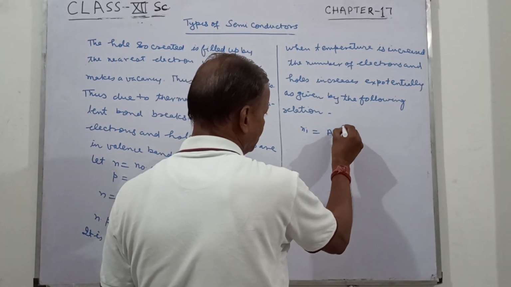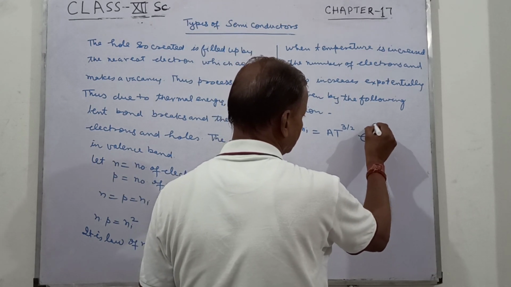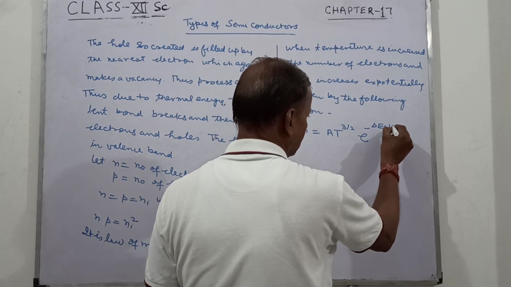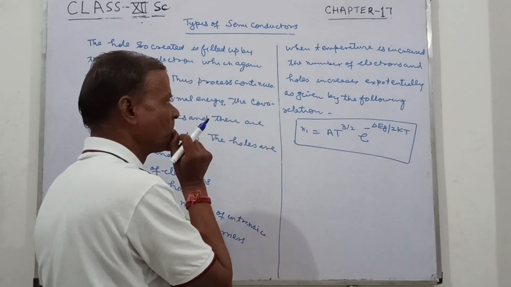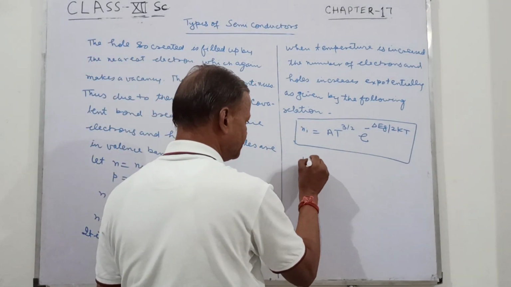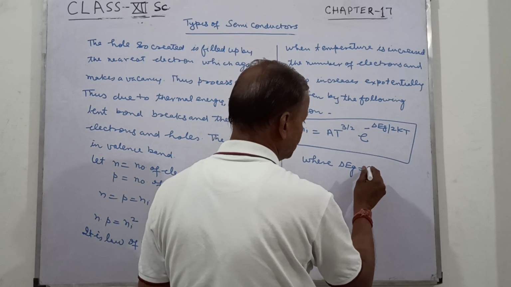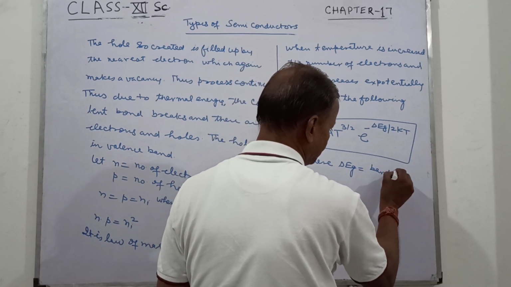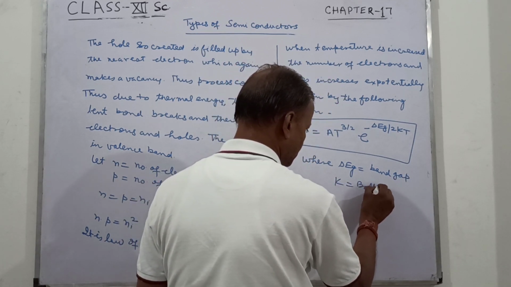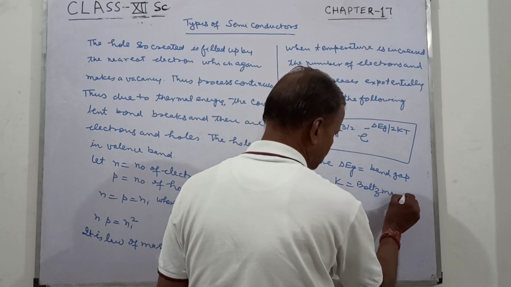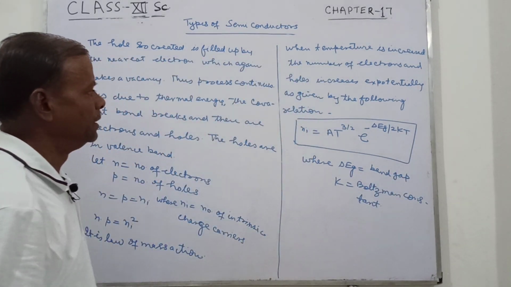Ni equals A T to the power 3 by 2 times e to the power minus delta Eg upon 2 kT, where delta Eg is the band gap, k is the Boltzmann constant, and T is the temperature.